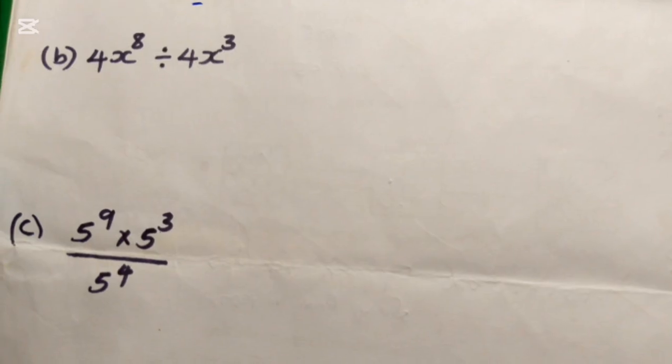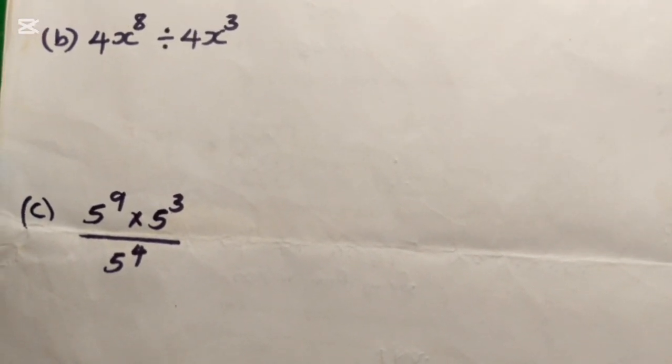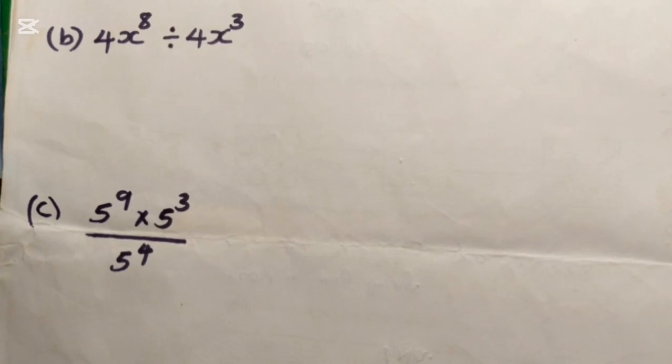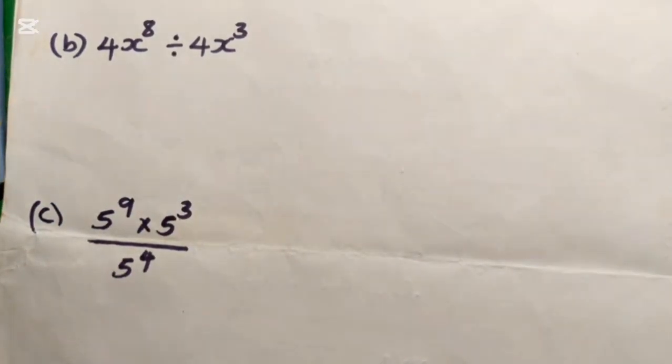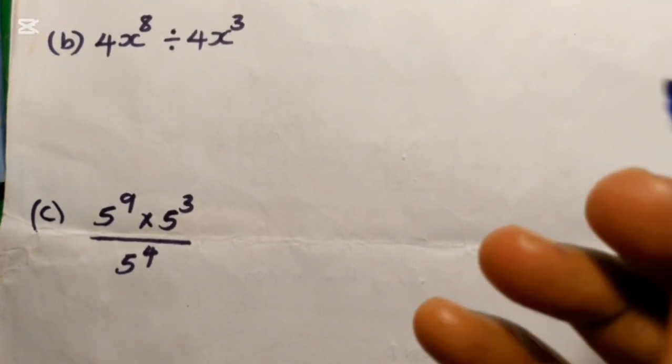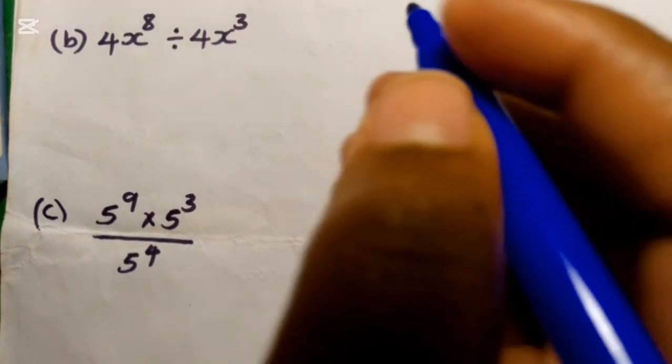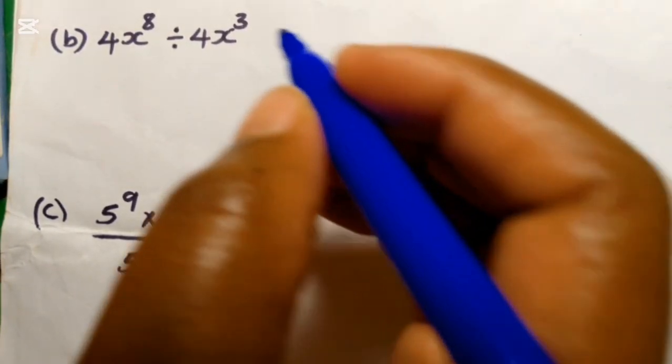Then from there, we go to another one that is a bit different. For this case, the x has a coefficient 4, as you can see. So for this case, we are going to divide the whole numbers, that is 4 divided by 4, and then divide the indices, that is x power 8 and x power 3.